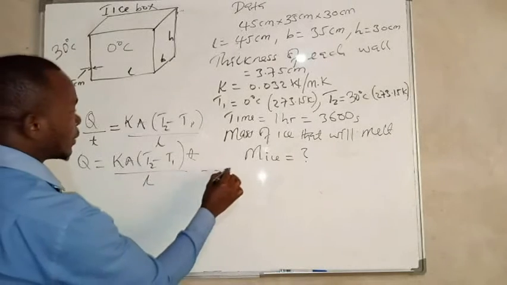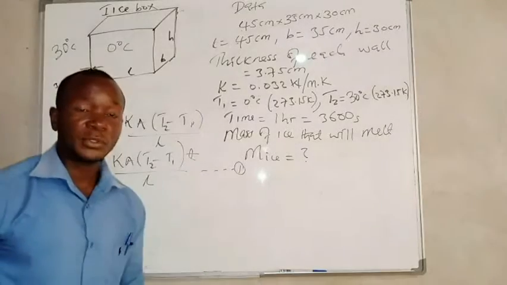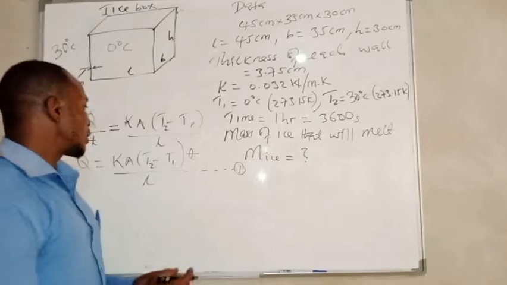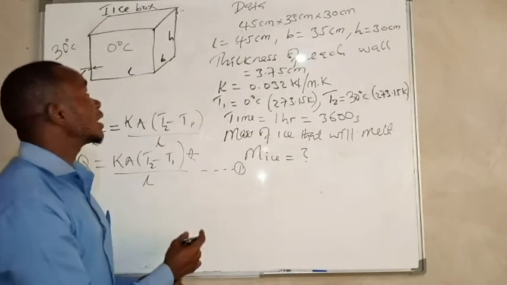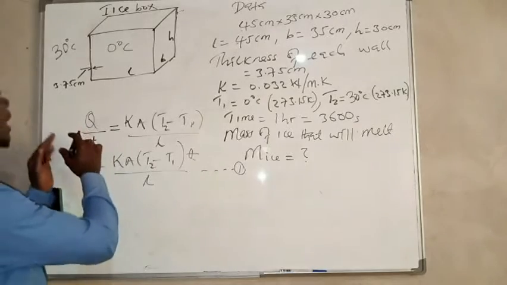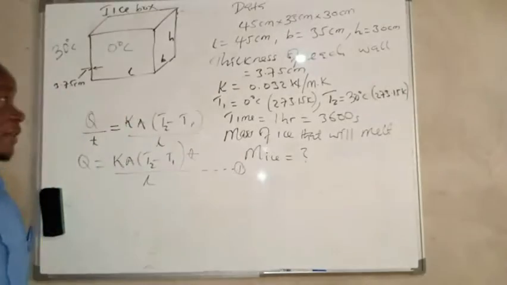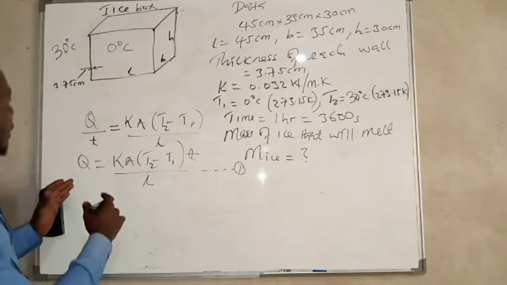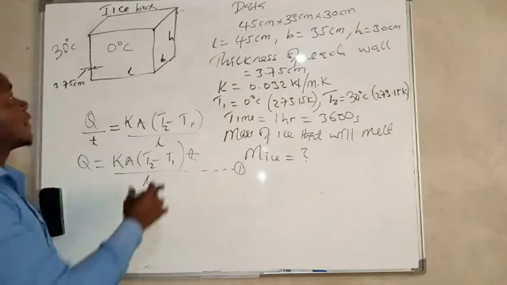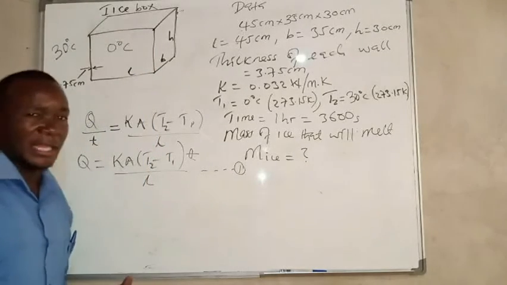Let us call this equation number 1. This is the heat that results from the conduction of heat from the outside environment to the inside environment, because the outside environment is hotter than the inside of this ice box.